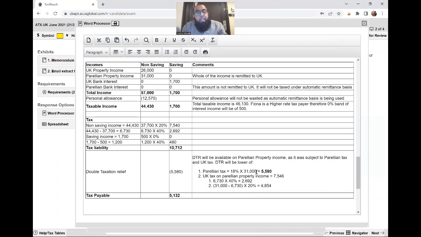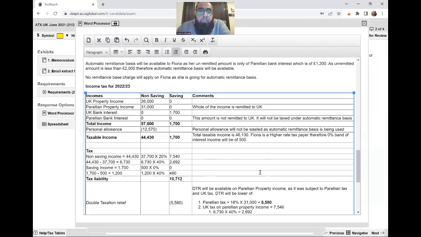He will write Parilian tax 5,580 and then a statement that as the lowest tax rate of UK on property income is 20%, the double taxation relief, which is the lower of overseas tax and UK tax, will be at the Parilian tax rate of 18%. See, the DTR is the lower of two things. If the Parilian tax rate is lower and I can see it with my eyes, why do I have to do so much calculation? You can just write a statement and put DTR on the Parilian tax.